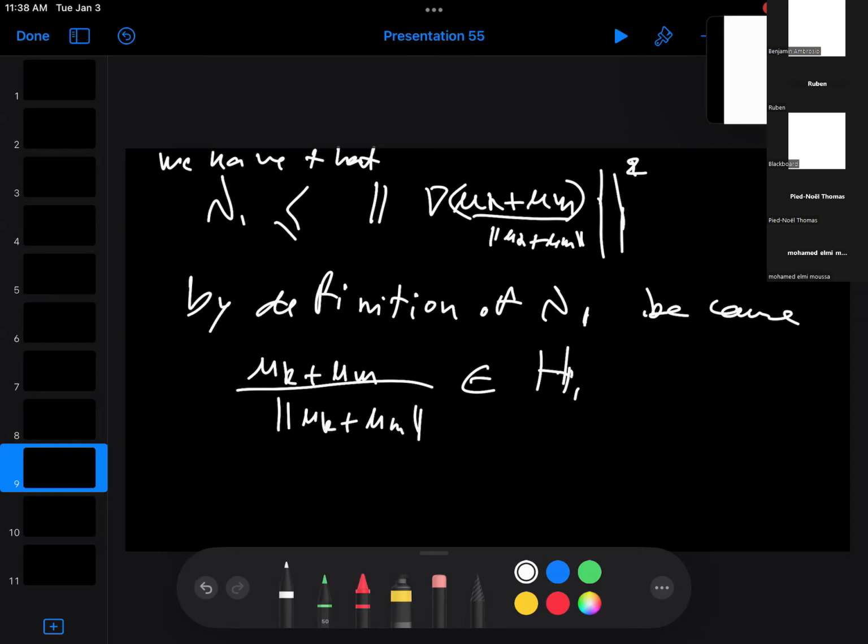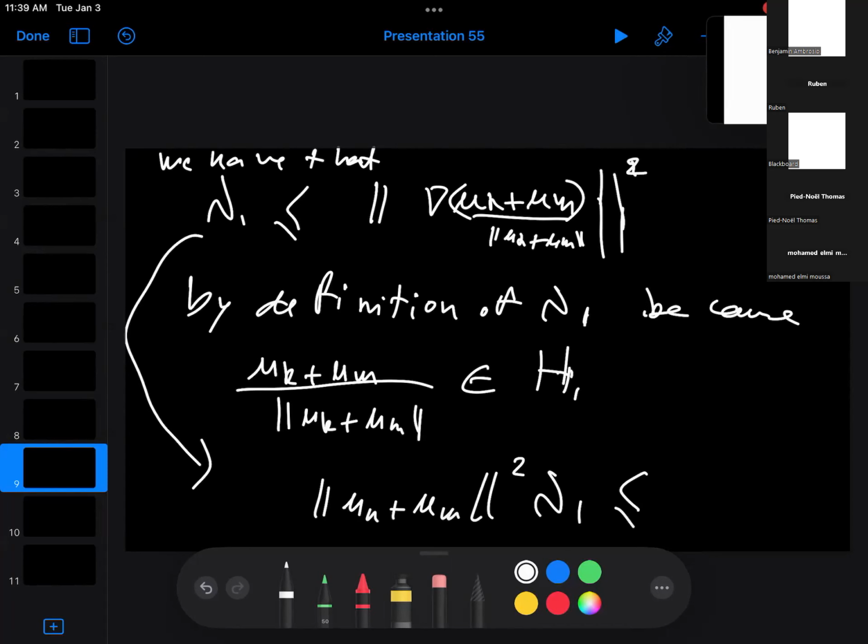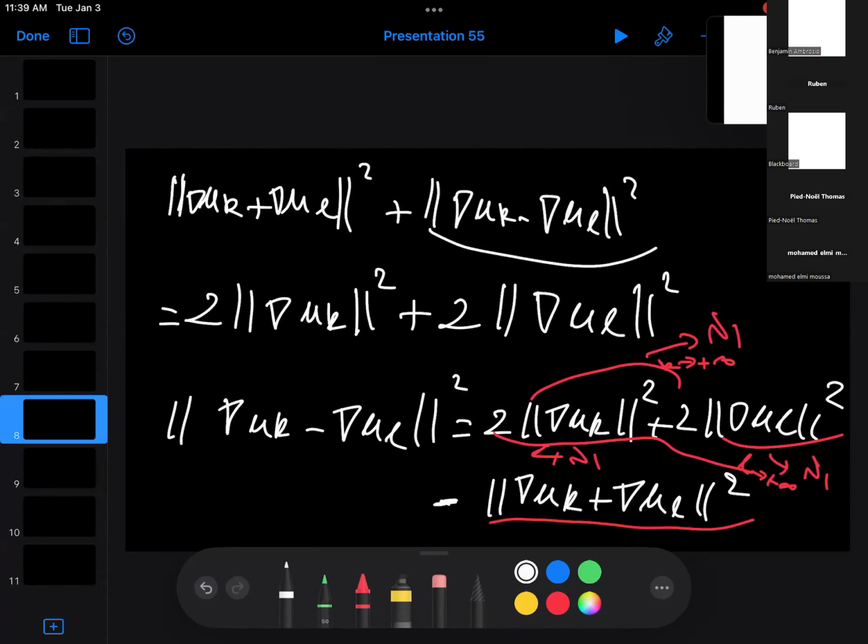All right, so here the important point is the following: therefore, from that, I deduce that UN plus UM square times lambda 1 is less than this. Okay, and I want to estimate that here.